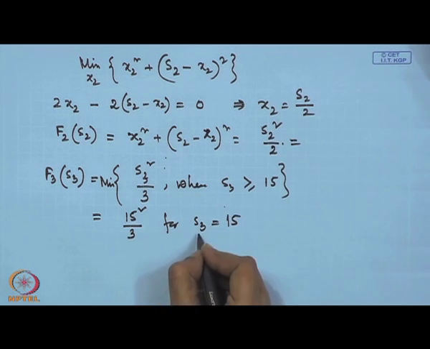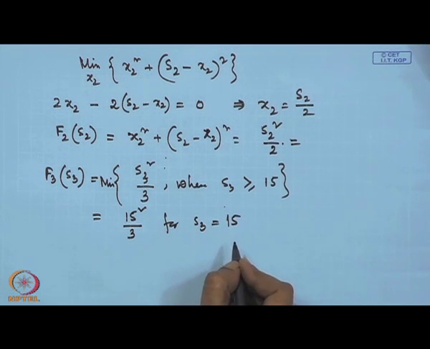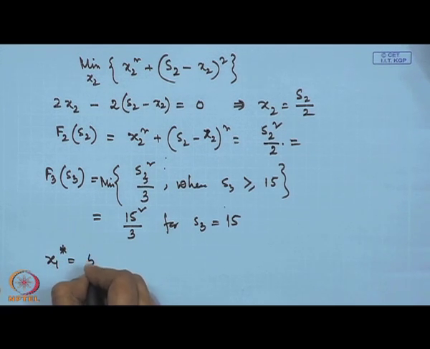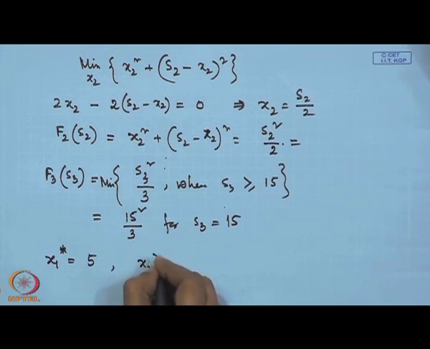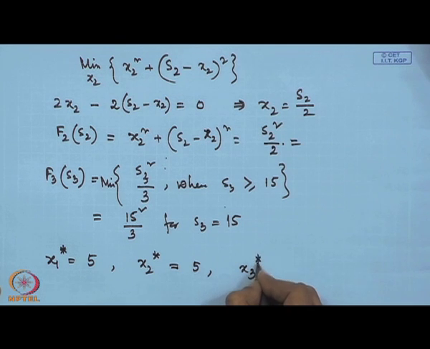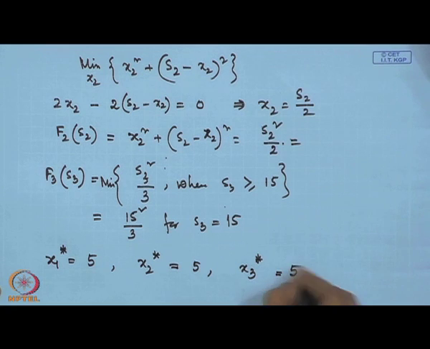Now, once we get S3 is equal to 15, we can calculate S2, we can calculate S1. In other way, we can calculate all the values: x1 star is 5, x2 star is equal to 5, and x3 star just now we have calculated is equal to 5, because S3 is 5 plus 5 plus 5, clear?